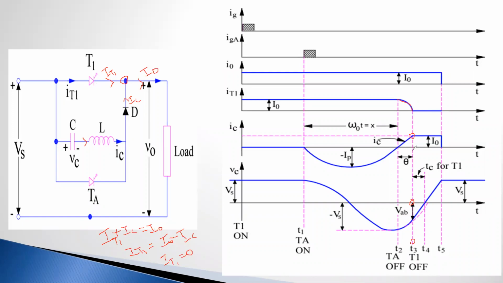At time t equal to T3, by using the resonant circuit and auxiliary thyristor, the T1 is turned off. Our main concept is to turn off the main thyristor. Turn off done, right? It is clear?